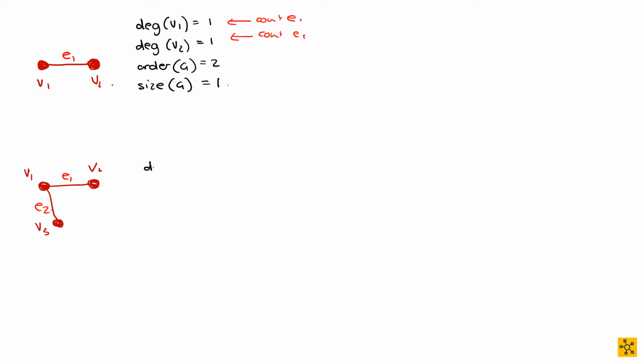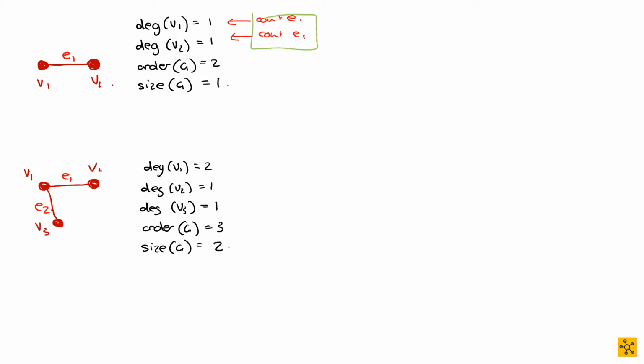Well, the degree of V1 is equal to 2, the degree of V2 is equal to 1, and the degree of V3 is equal to 1. The order of the graph is equal to 3, and the size of the graph is equal to 2. Now, once again, in the one beforehand, we counted E1 in the degree of V1, and we counted E1 in the degree of V2.